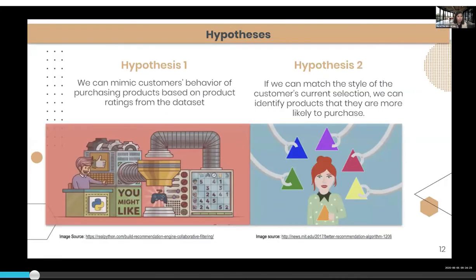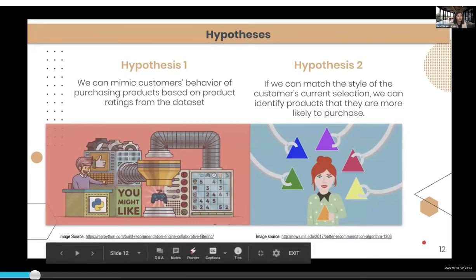Next slide. So we have two hypotheses for this project. Our first hypothesis is that if we can mimic customers' behavior of purchasing products based on product ratings from the data set, then we can use that for our recommender system. So this would be what they call collaborative filtering.